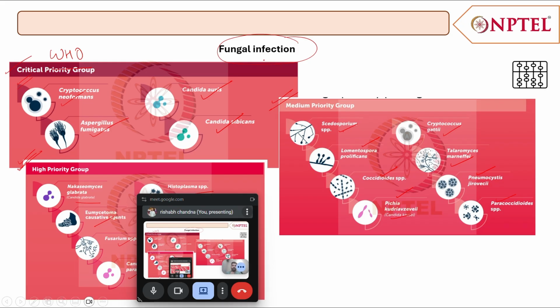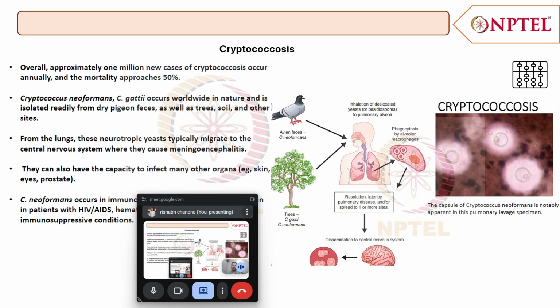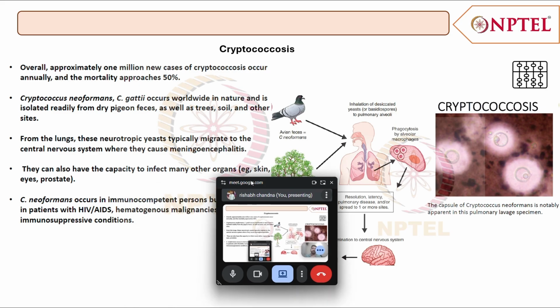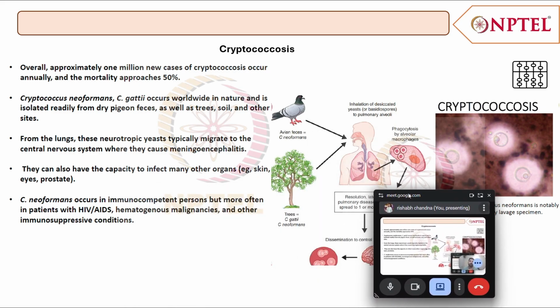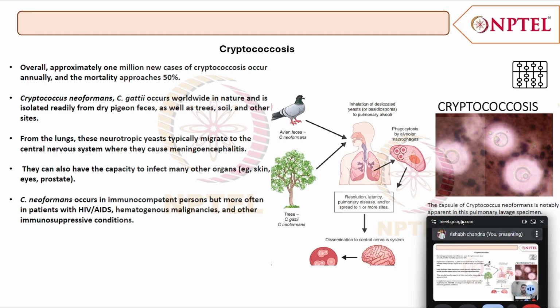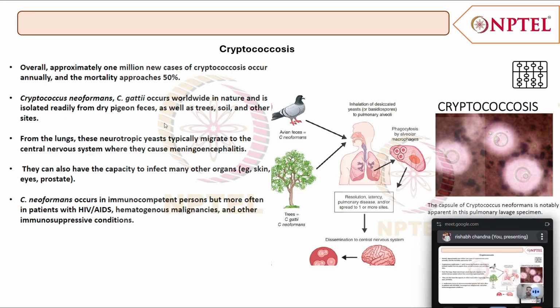Now moving on to the next disease, that is cryptococcosis. Approximately 1 million new cases of cryptococcosis occur annually, and the mortality rate is 50%. So half of the million people die because of this.